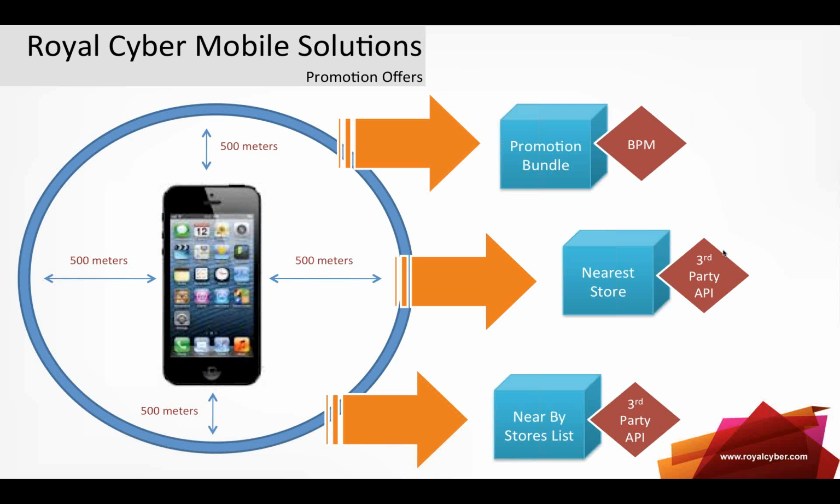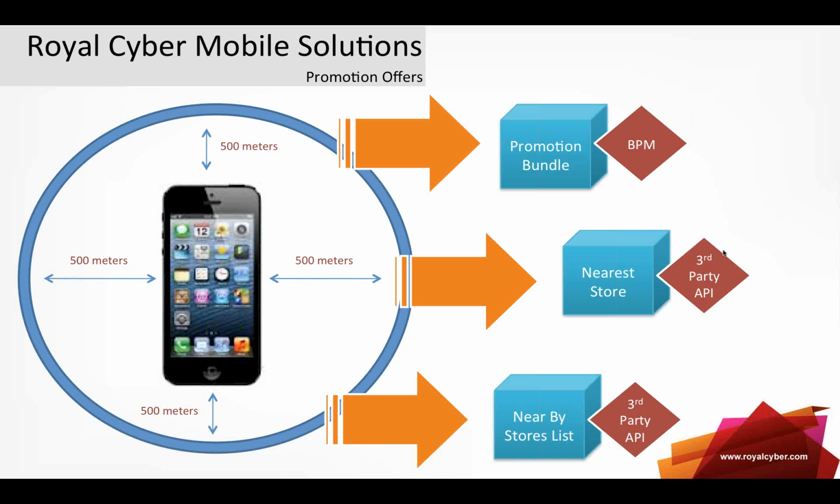This is the promotion offer, which is basically the same as a targeted campaign, with a little more high-level view of what's going on. So if you're walking on a street, say Fifth Avenue, and within 500 meters, what this promotion or targeted campaign does is, based on your geographic location, it provides you the promotion bundle using BPM and then passes it back to your phone.